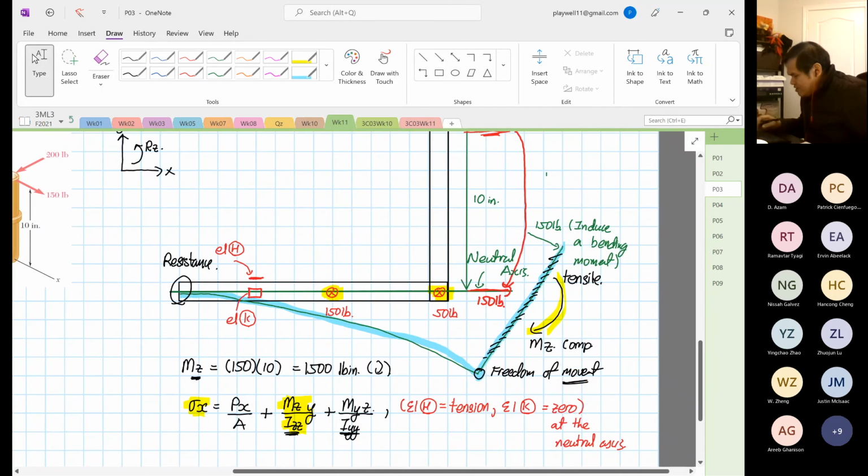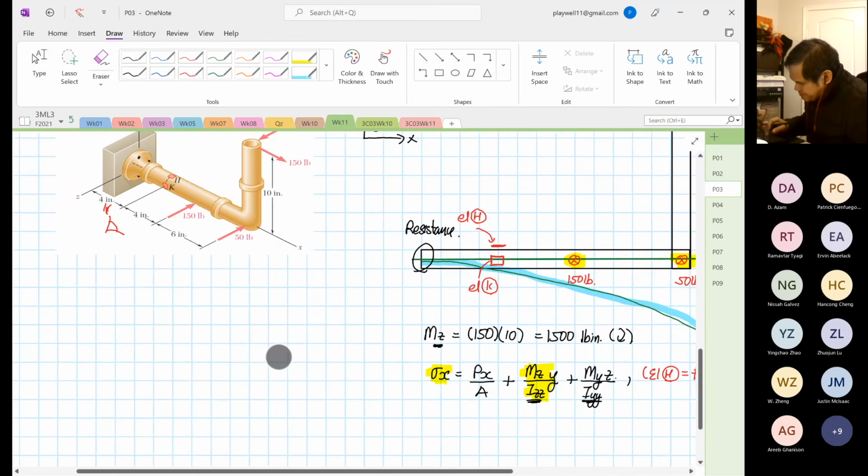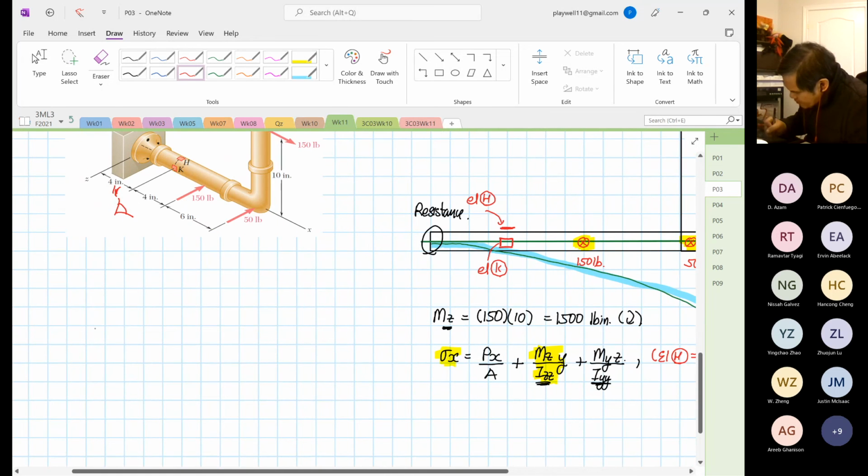Why is there a shift of 150? Remember we did this problem, this example. We have a load down here that's acting at 150, and point C is the point of interest.